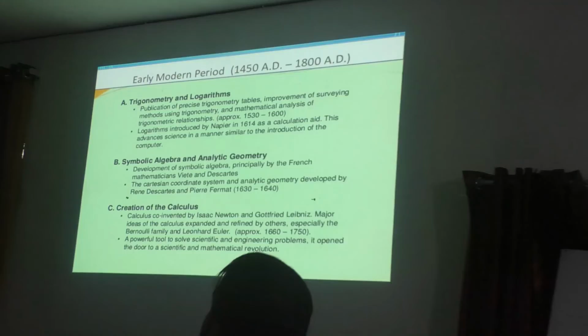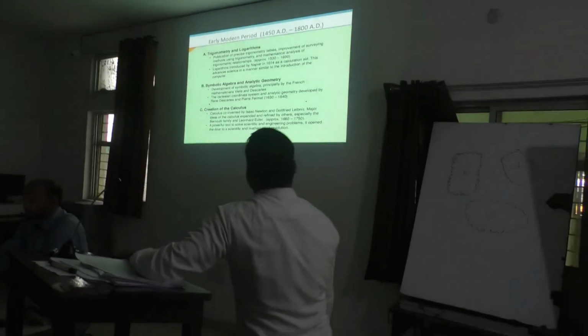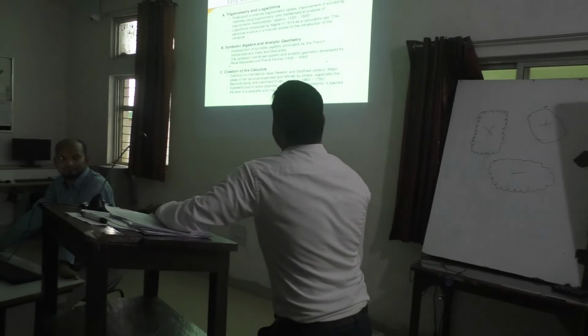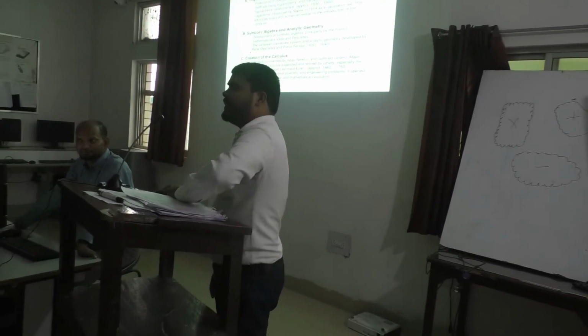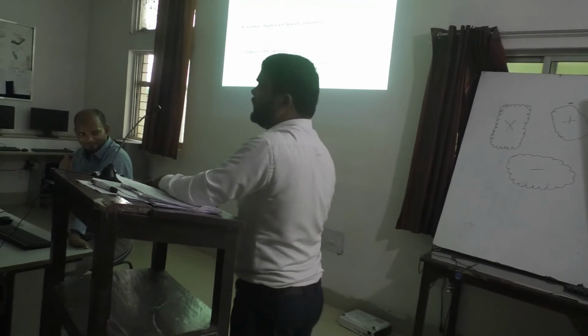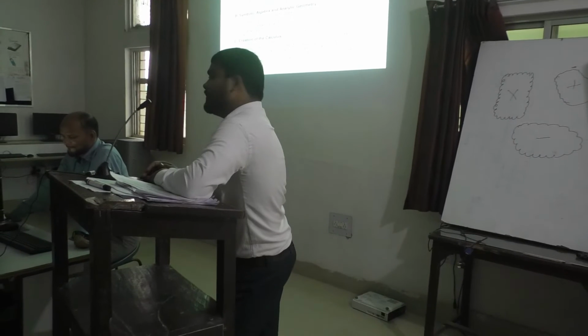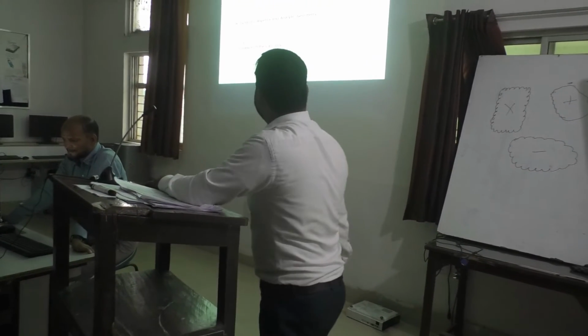Now it is time for the early modern period. Trigonometry and logarithm. We have now developed the logarithm table and trigonometric table that we use in our general life for the construction of any building and architecture.